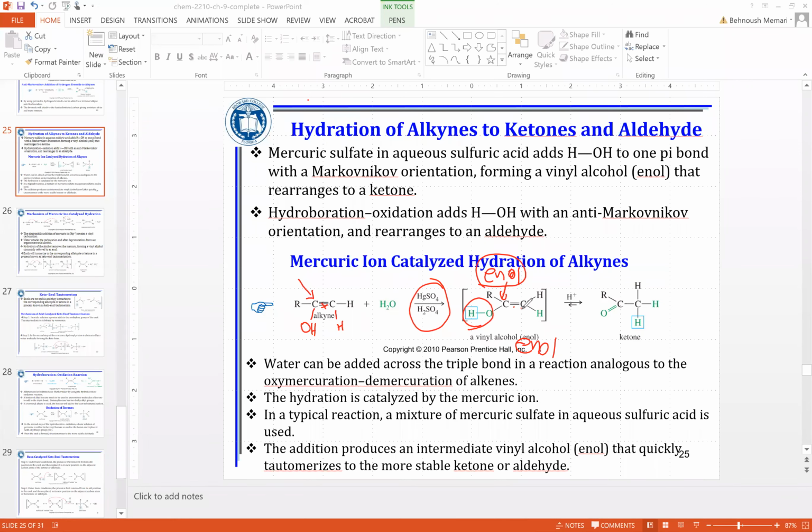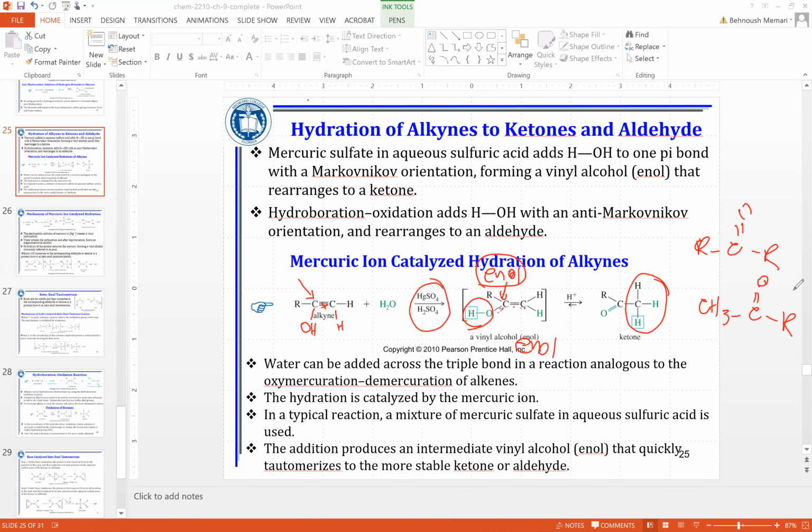If the OH is on the first carbon, it would rearrange to aldehyde. If the OH is on the second carbon, it would rearrange to methyl ketone. So you have a methyl, CH3, and this is the ketone. When you say ketone is like RCOR, and if you say methyl ketone, that means one of these R groups is definitely methyl, regardless of the other one.